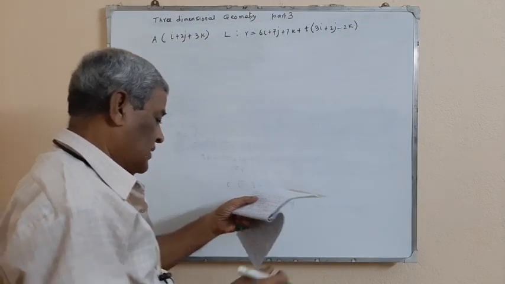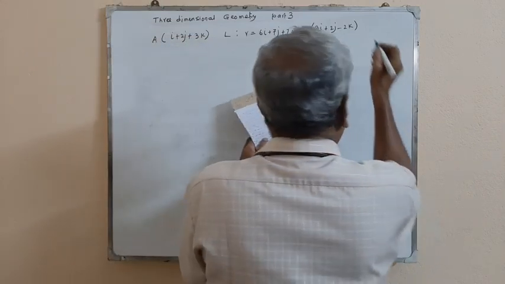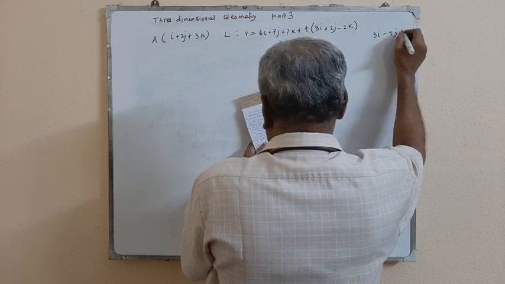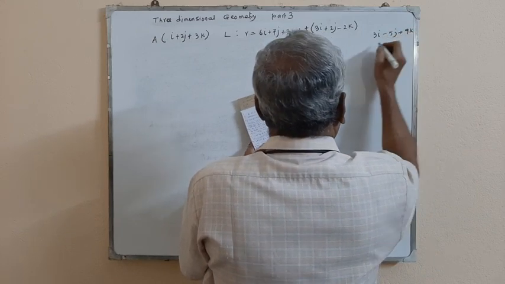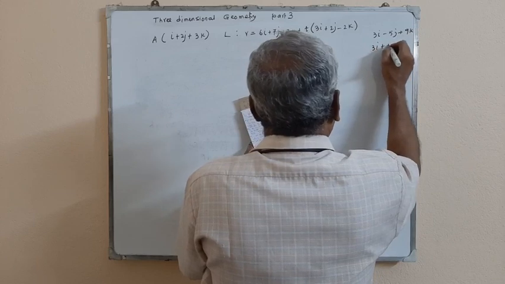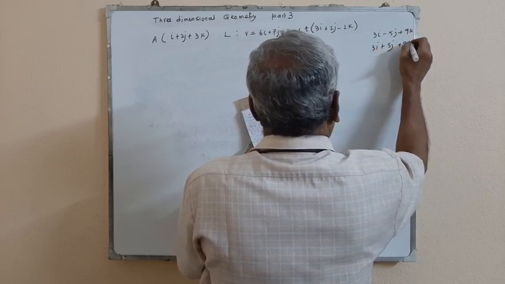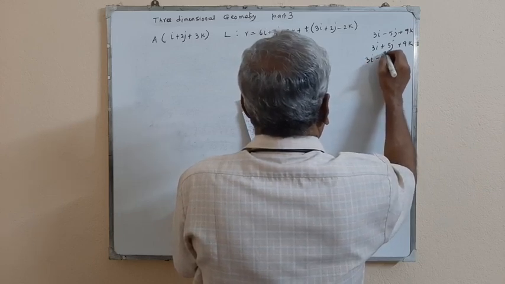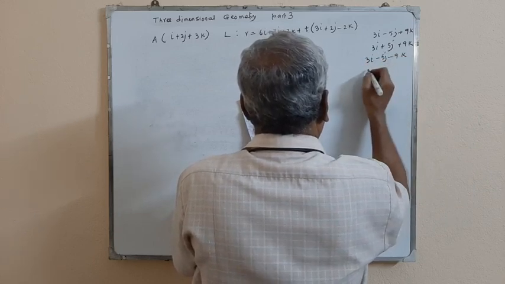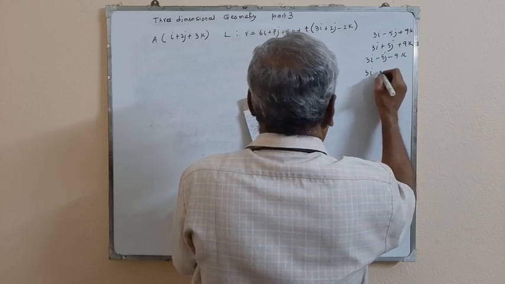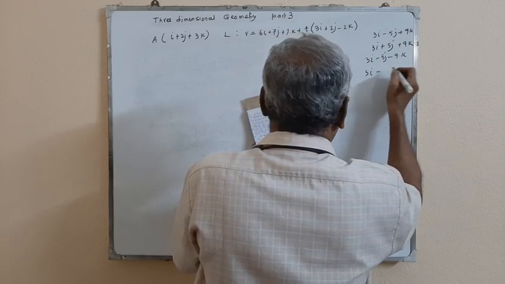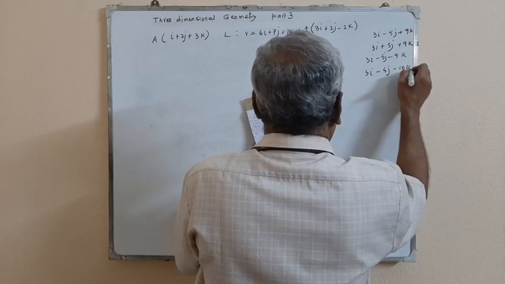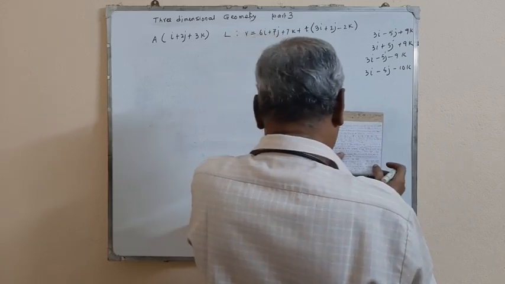The options are 3i minus 5j plus 9k, 3i plus 5j plus 9k, 3i minus 5j minus 9k, and 3i minus 5j minus 10k. These are the options.